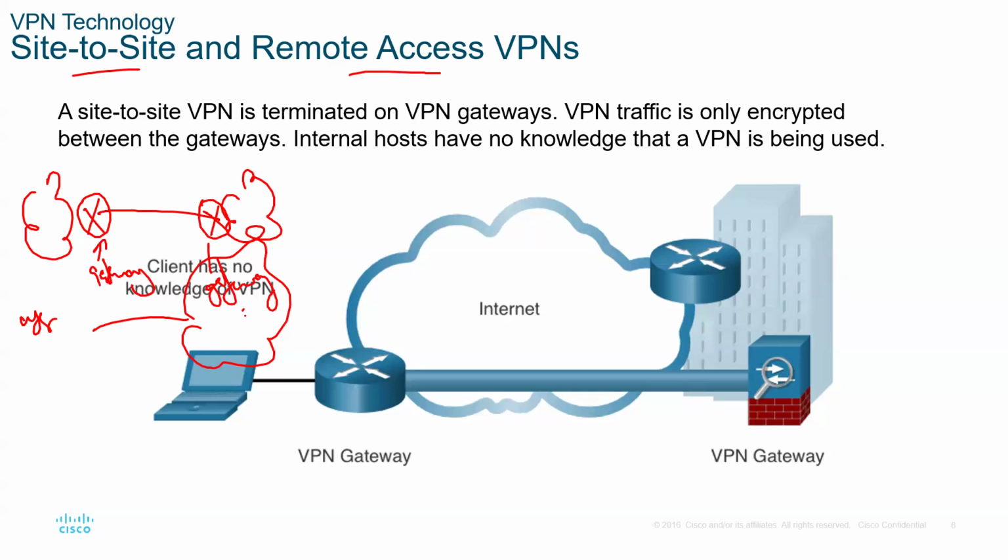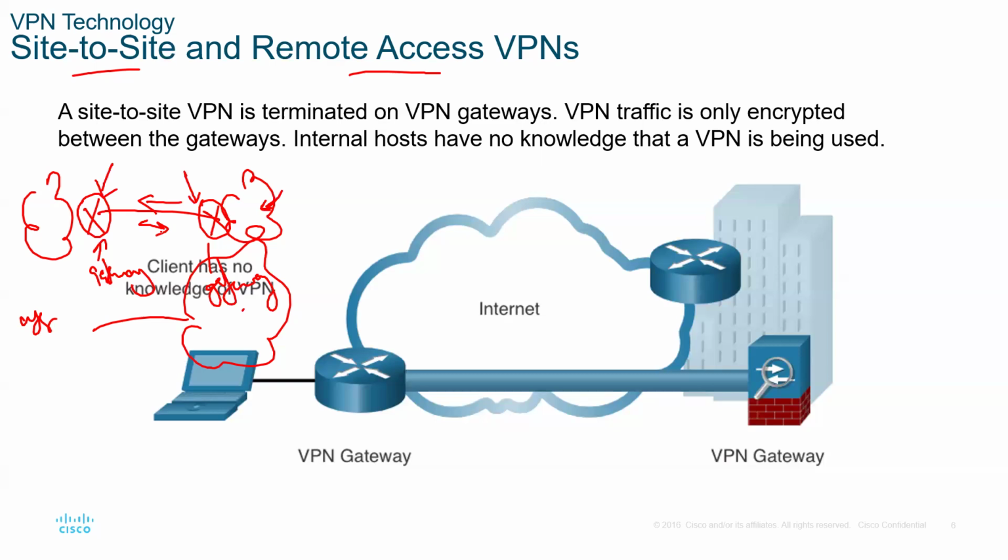Another characteristic is that my users here don't have the knowledge that there is a VPN working. My users just send their information, and the two devices are the ones that know to send it via this link or vice versa. So that's another characteristic of site-to-site VPN.